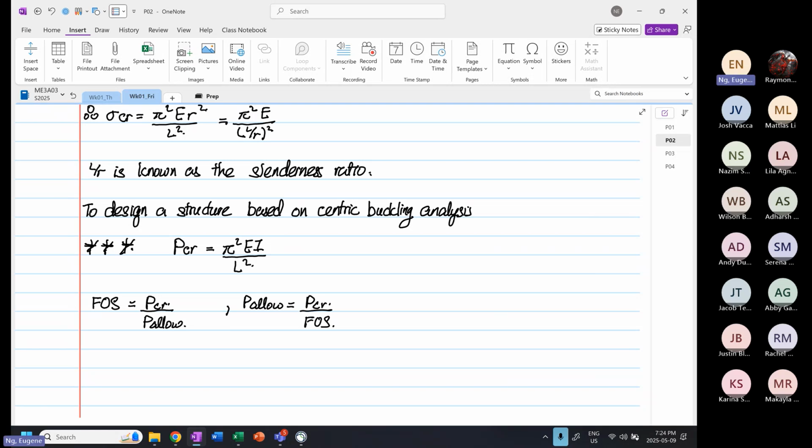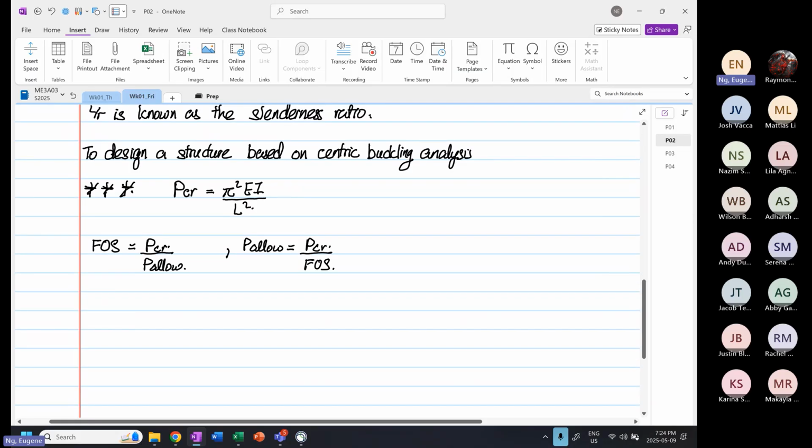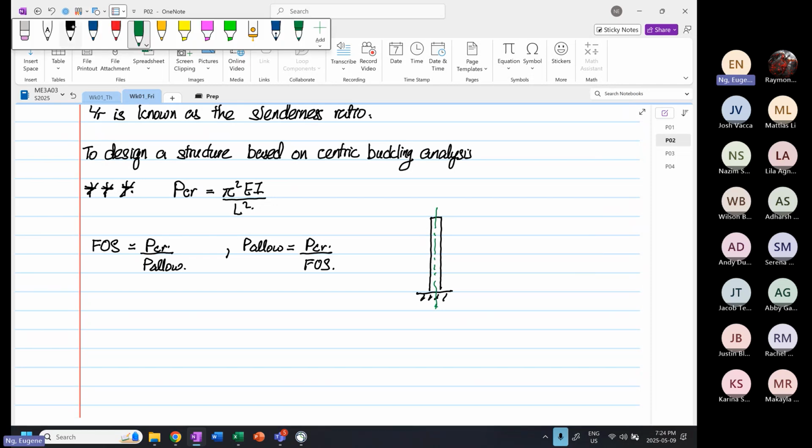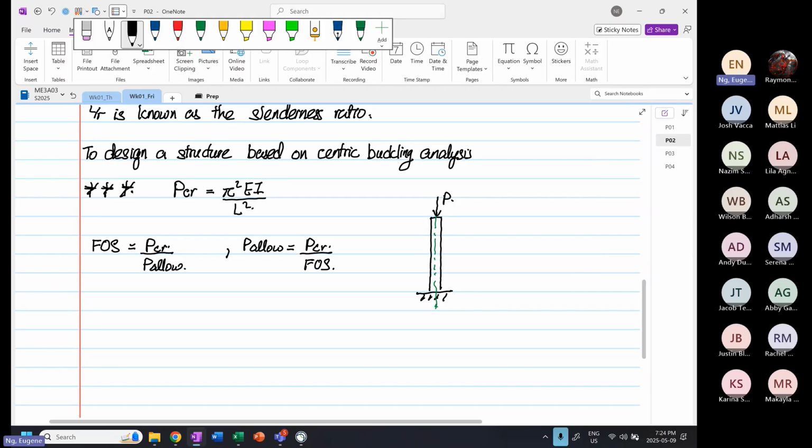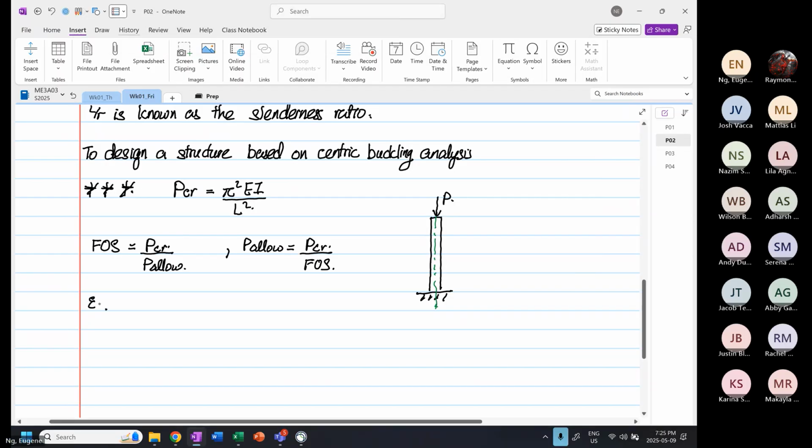Now, if we have a structure, and this structure has the load over here, this is P. We have to ensure that the P that we see over there is less than the P allowable.